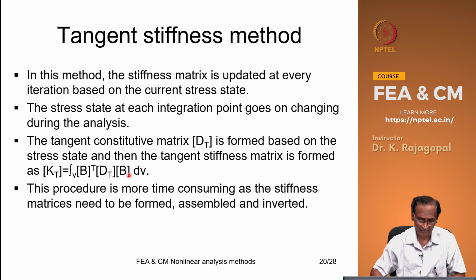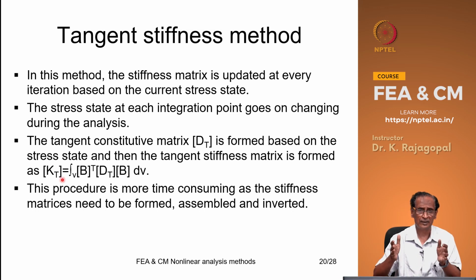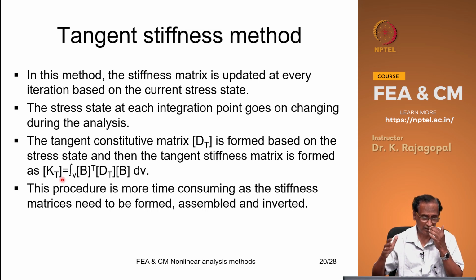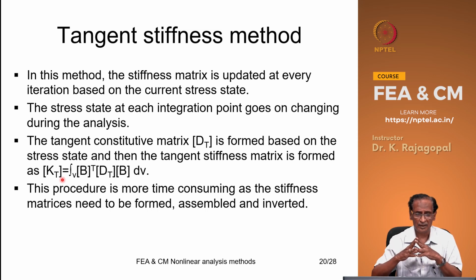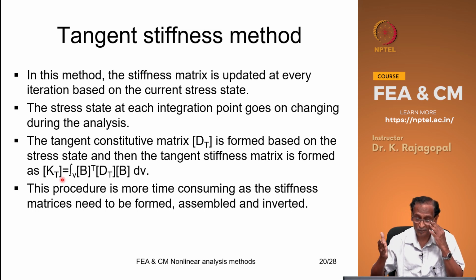and our tangent stiffness matrix Kt is integral B transpose Dt B, right? And so this tangent stiffness matrix we have to formulate at every iteration, and then we have to make it an upper triangular matrix and then back substitute to get our displacements, because the right hand side we have the out of balance force, the Pt minus Rt or B transpose sigma, okay?